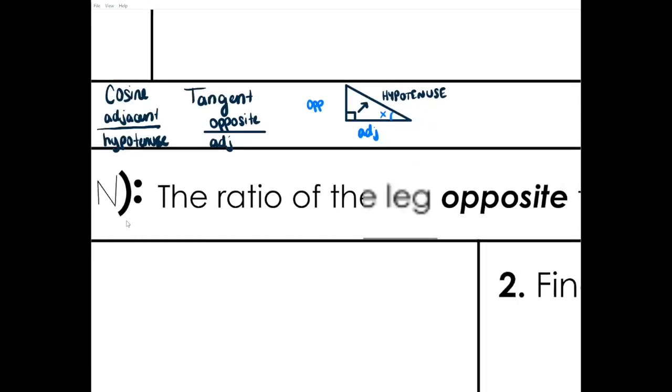Just like we did with 30-60-90s, we identified the short leg first, across from the 30. We then switched and identified the long leg across from the 60. And like every other right triangle, the hypotenuse is always opposite the 90 because the hypotenuse is our largest side, and our largest side is always opposite our largest angle.